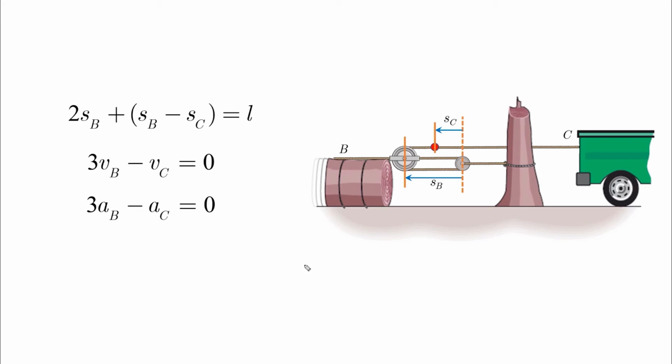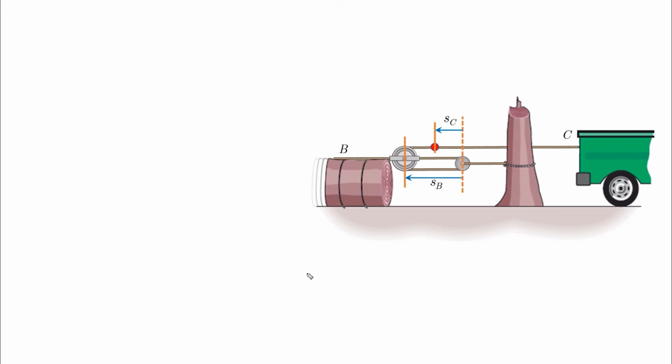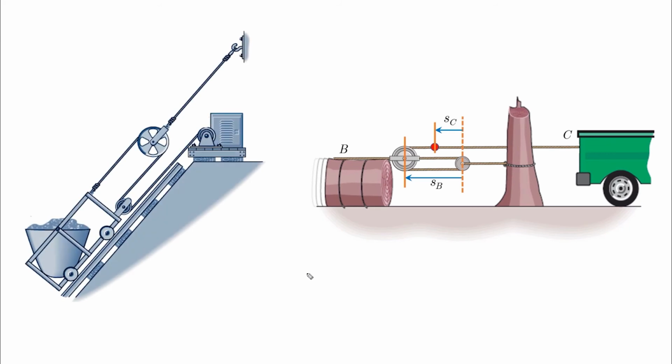And note that it doesn't matter how the problem looks. For example, you can see this problem, but in a different configuration, like this one. Notice the fixed ends, and this is our equation for the first problem. Now for the second problem, we'll do the same.